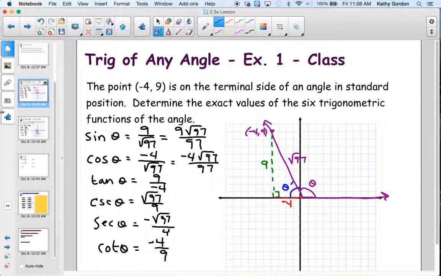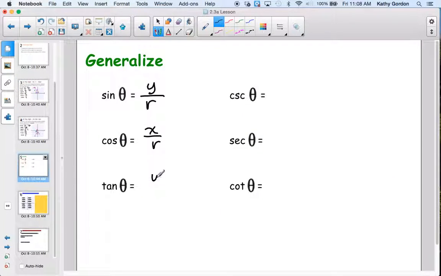Where did tangent come from? The y over the x. The opposite over the adjacent corresponds with the y coordinate over the x coordinate. All right, and then what do we do for these three? Just flip them. Yep. So this will be r over y, this will be r over x, and this will be x over y.